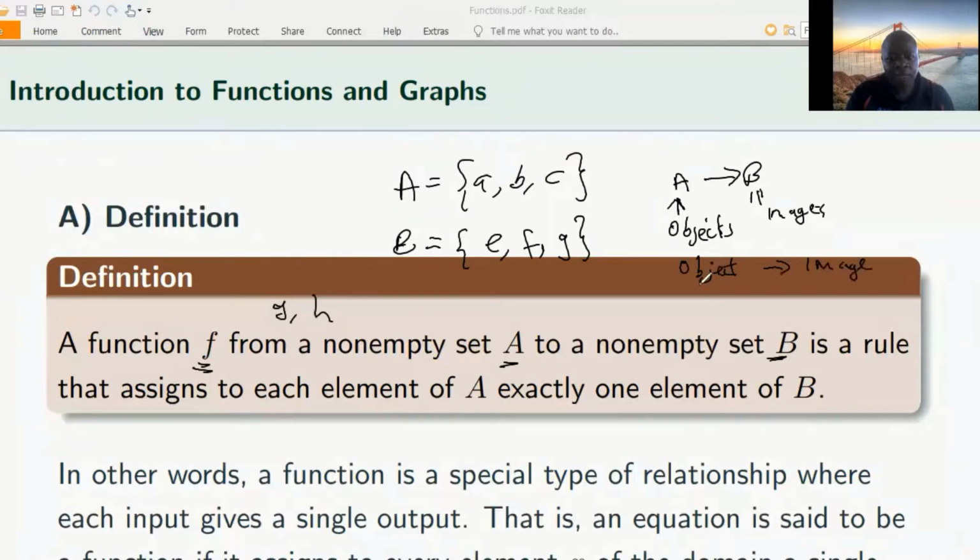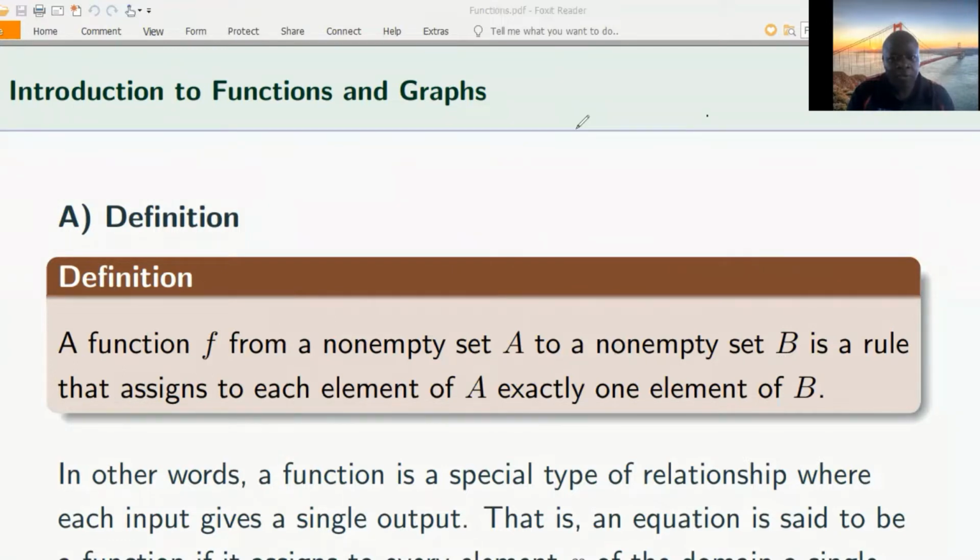That's what this definition says: a function f from a non-empty set A to B is a rule that assigns to each element of A exactly one element of B. So that is what I can explain about this definition.